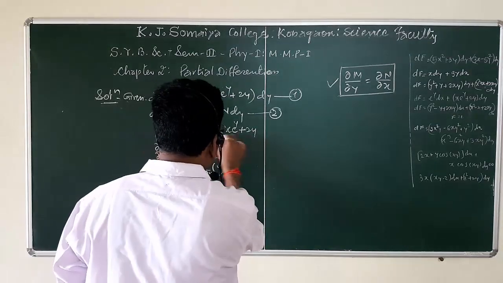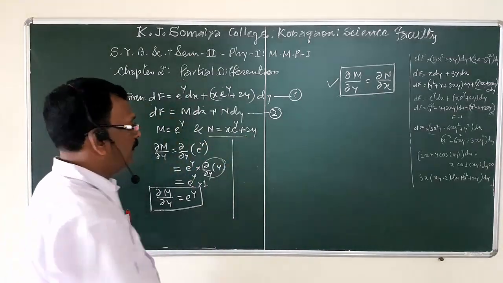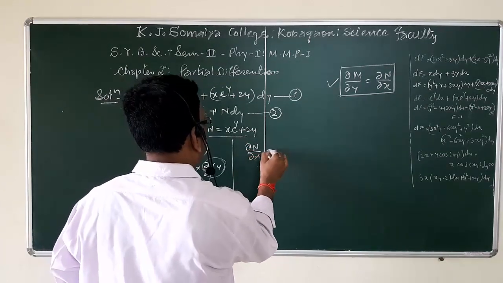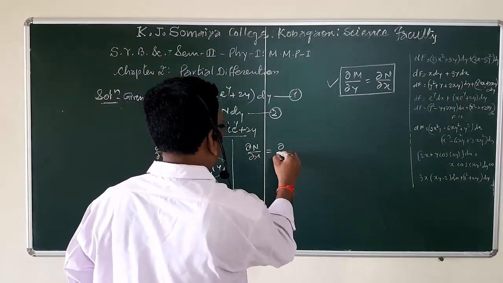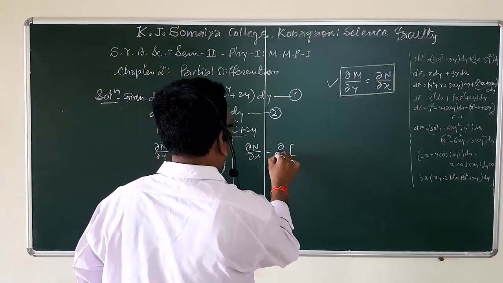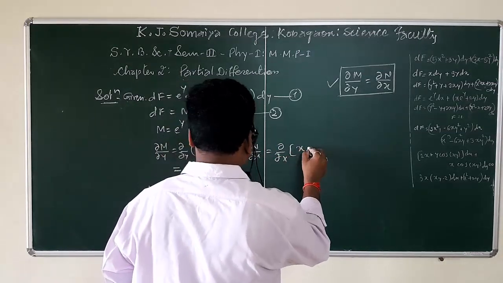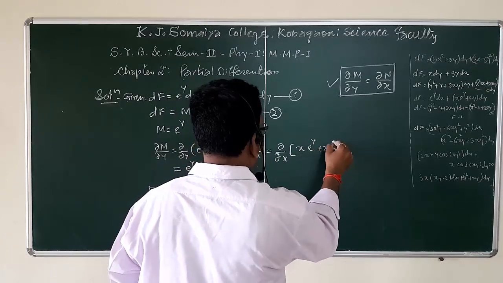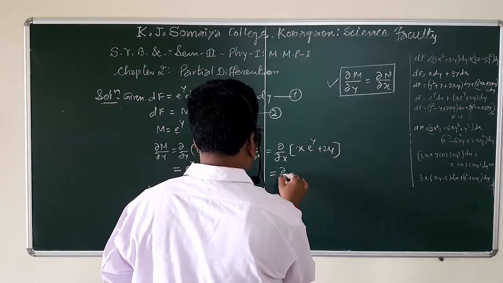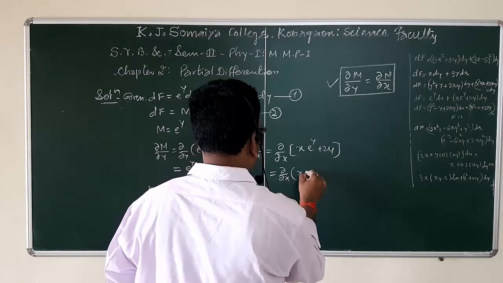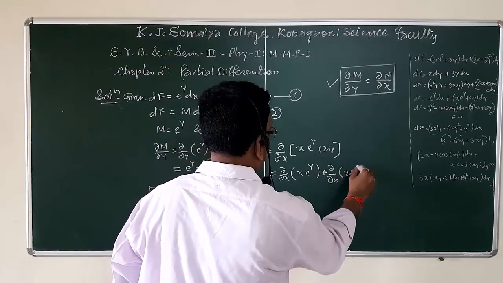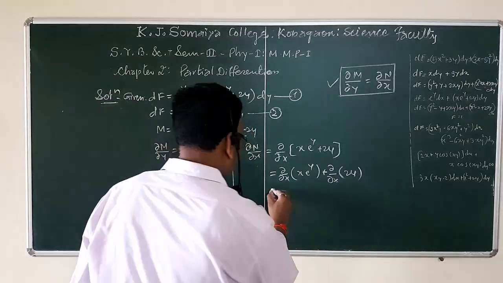Similarly, differentiate N with respect to x. We have del N by del x is equal to del by del x, put the value of N, x into e raised to y plus 2y. Solve this differential.